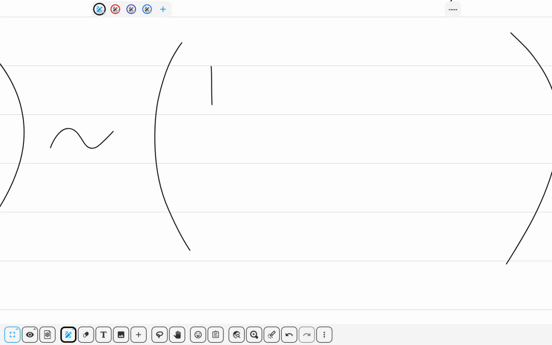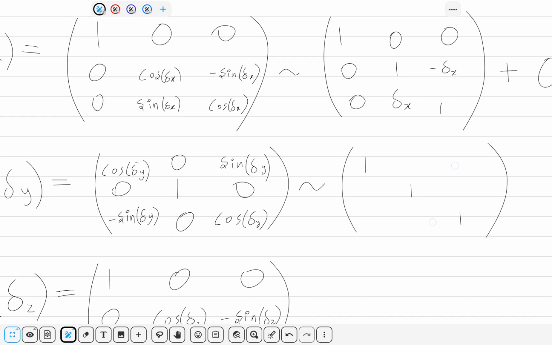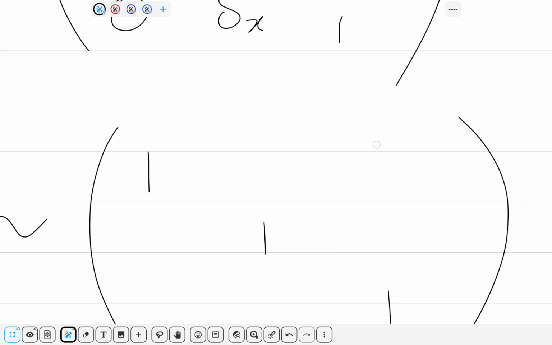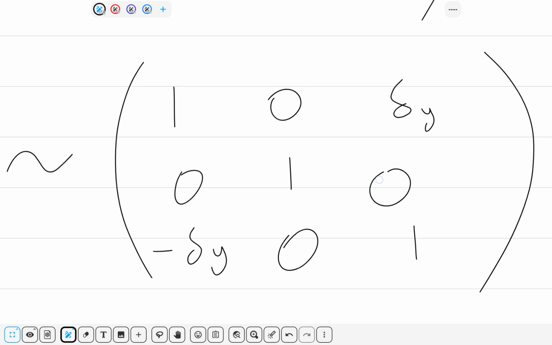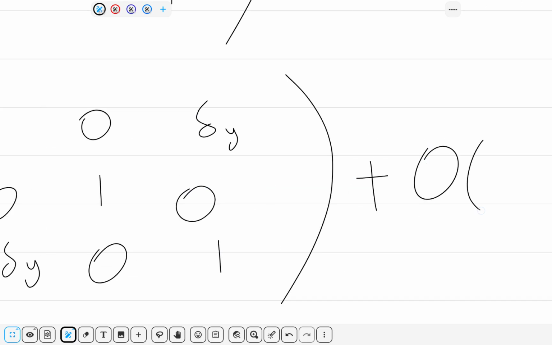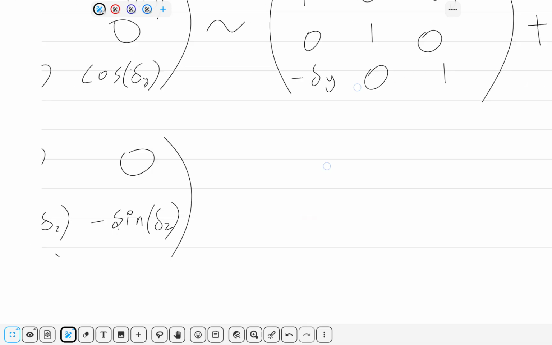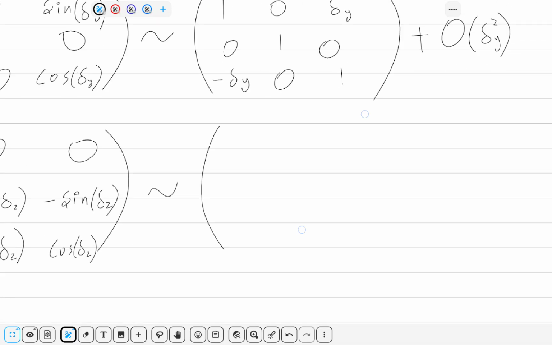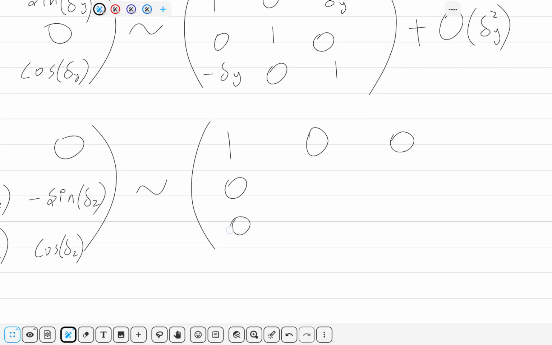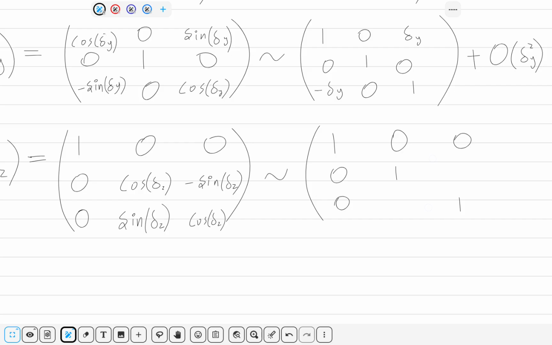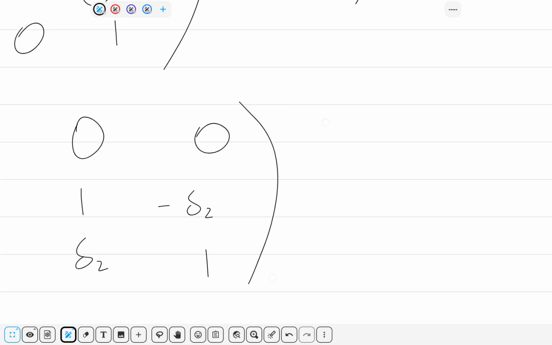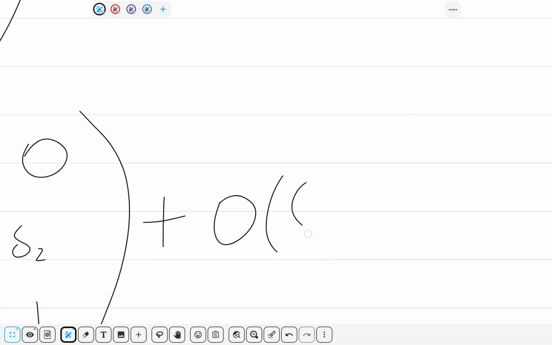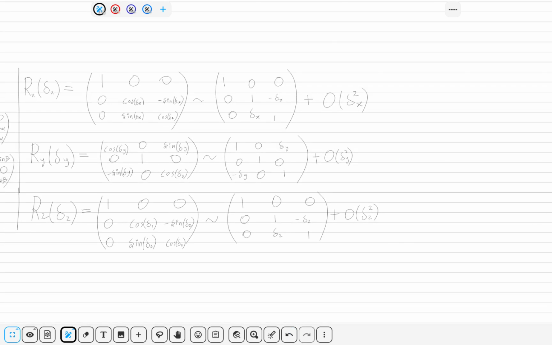So this will be 1 1 1, and here delta y, minus delta y, and some higher order terms, and finally 1 0 0, 0 0 1 1, minus delta z plus higher order terms of delta z squared.